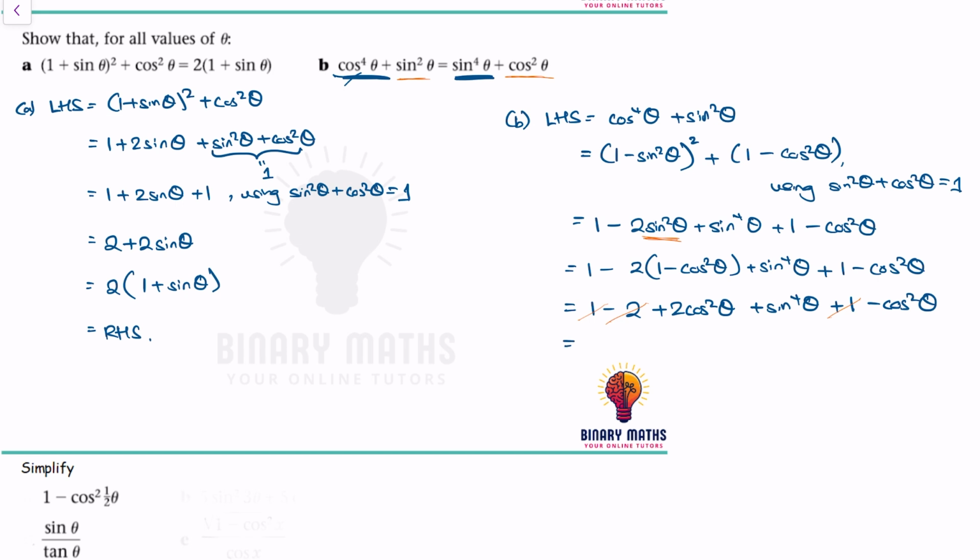We get sine to the power of 4 theta, which is good. And plus 2 cos squared theta minus cos squared theta is plus 1 cos squared theta, which is just 1 cos squared theta, which is right hand side. So that's worked out. So it's always about keeping an eye on what you're aiming for and try to aim for that. Eliminate what you don't need, really.